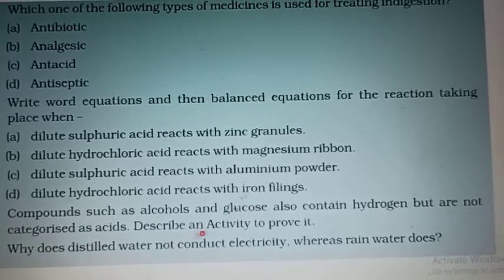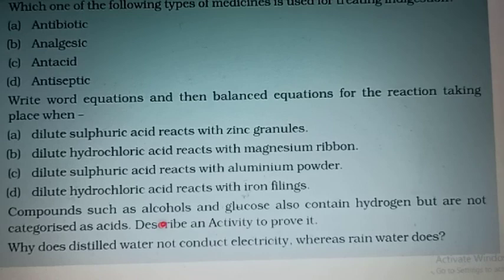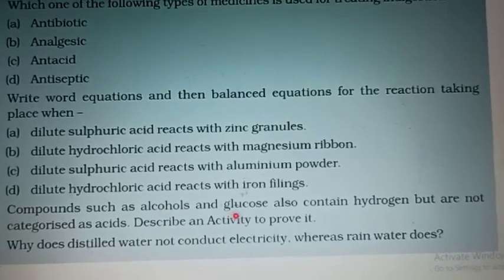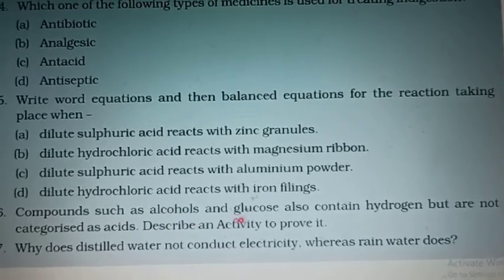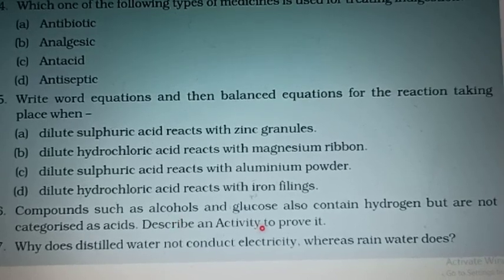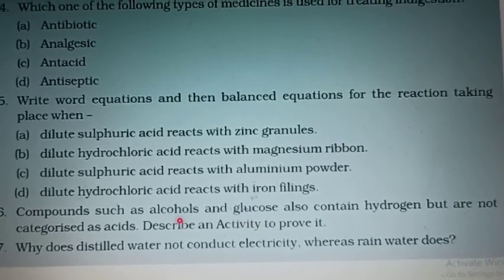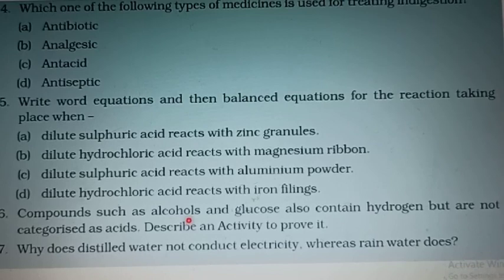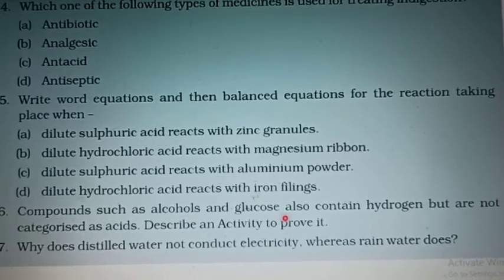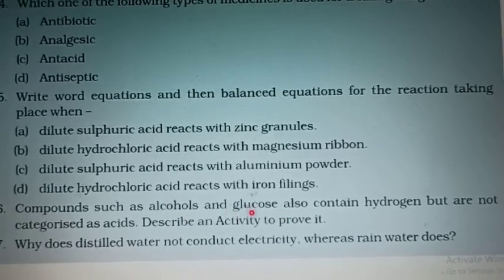In this same activity you will write that when you take the solution of alcohol and glucose and pass the current, you will see that electricity will not conduct. Why? Because these two are not dissociated into ions.